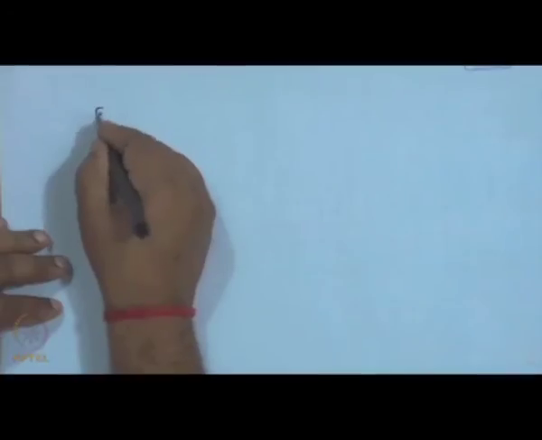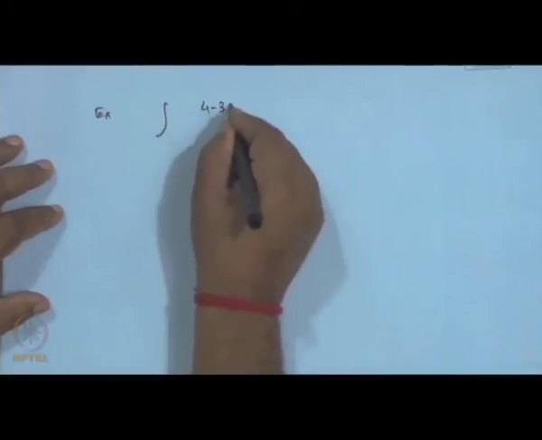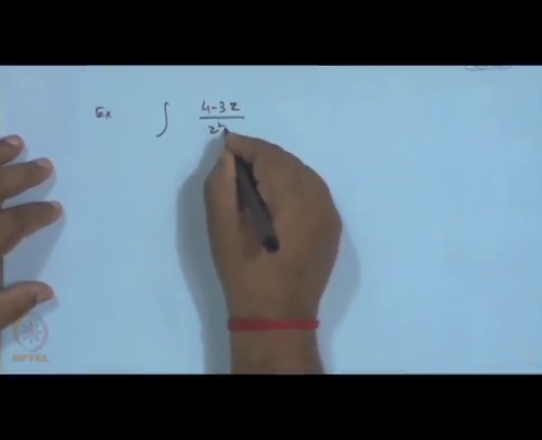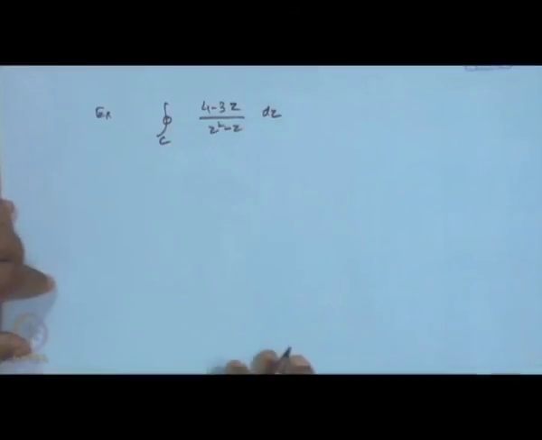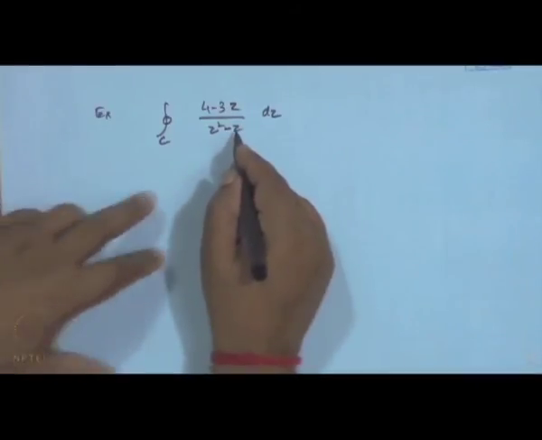So, just one example I will give and then finish. Suppose I take the integral of (4 minus 3z) over (z squared minus z) dz along the path C, which encloses the points 0 and 1.